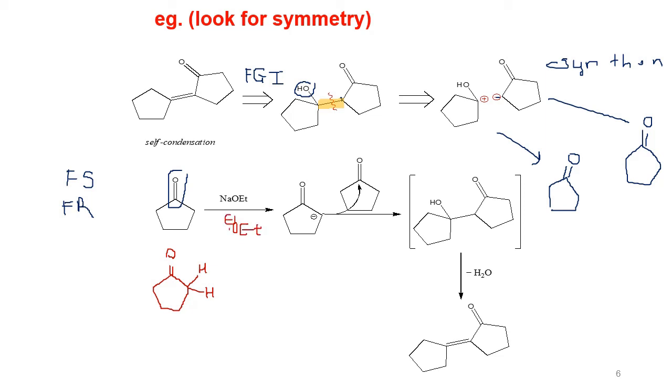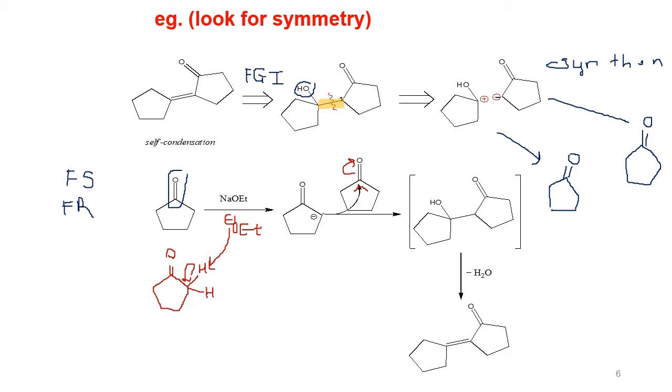This will abstract the alpha proton, so this bond will move to here and you will get CH2 minus. This CH2 minus will attack another ketone, which is attacking this C double bond O, and this bond will move here.